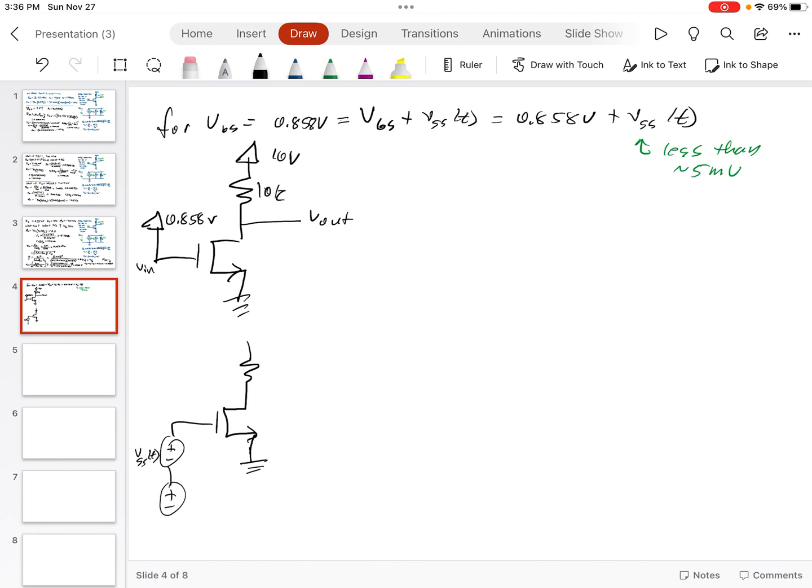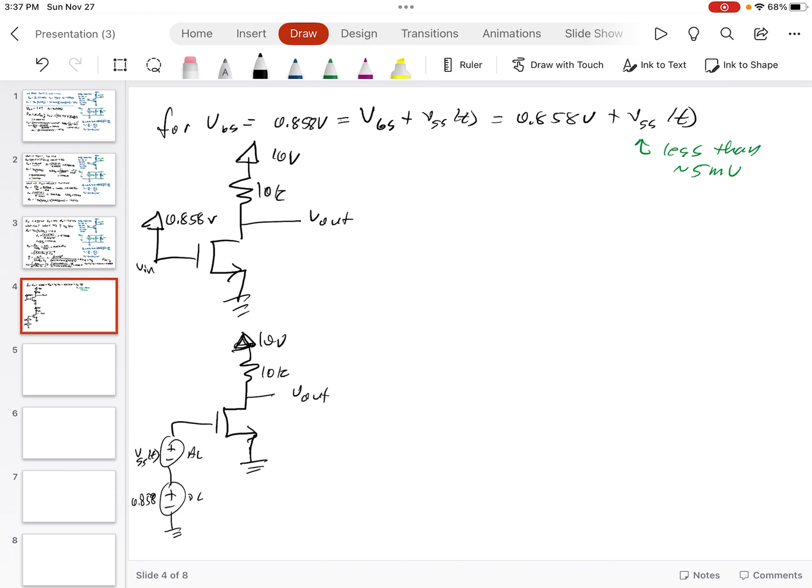That's our small signal. And that's a DC. That's our AC supply. These would all be equivalent ways of writing it. They all mean the same thing.